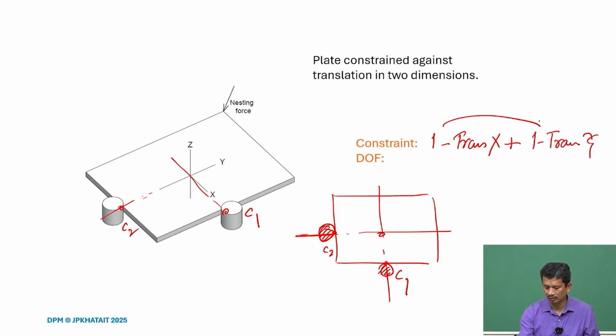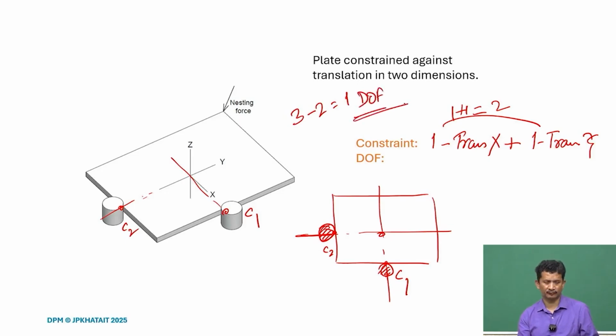So, in total, 1 plus 1, 2 constraints now. Again, 3 minus 2 equal to 1. So, 1 degree of freedom should be there, and what is that?